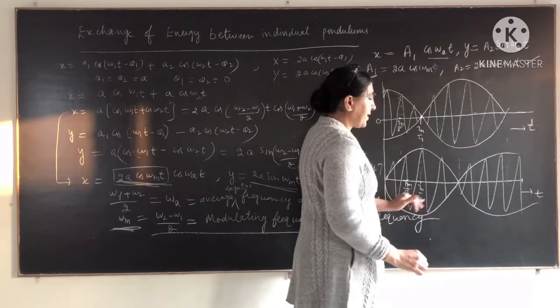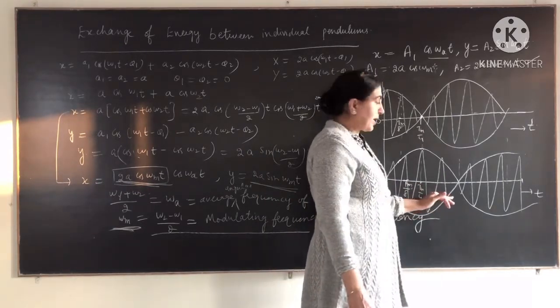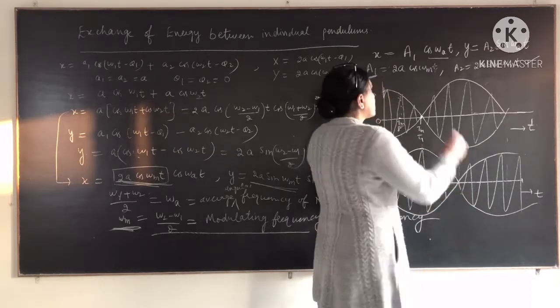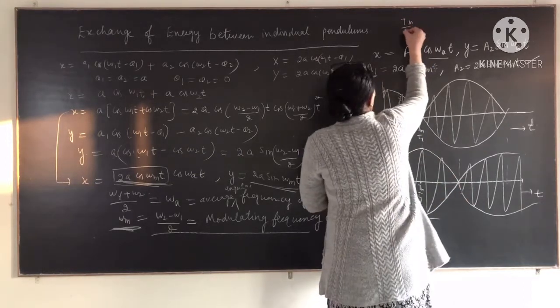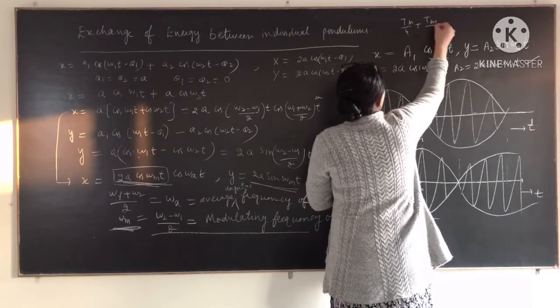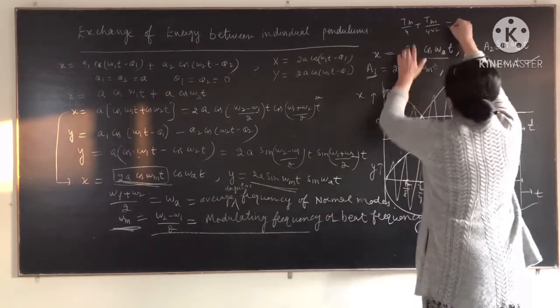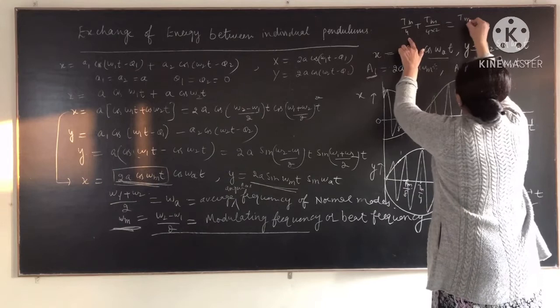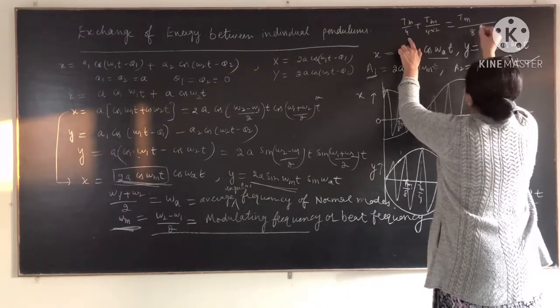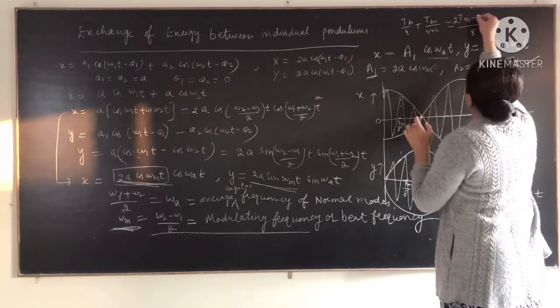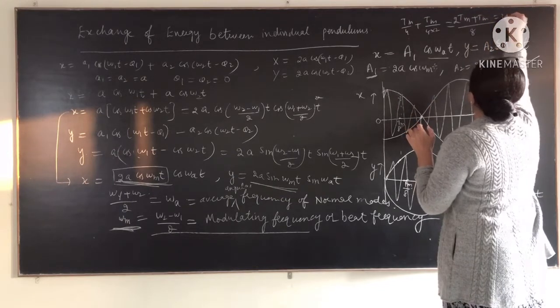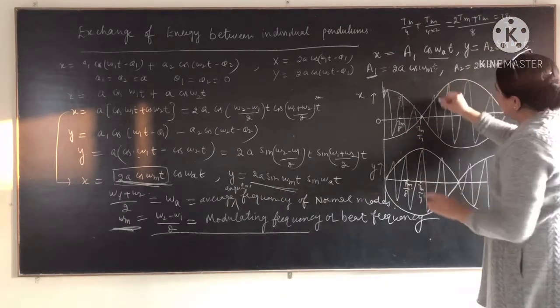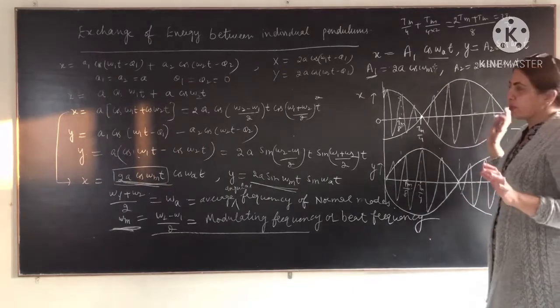Then again add Tm by 8, and so next will be 3Tm by 8, and so on, continues.